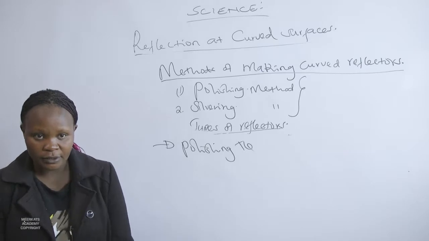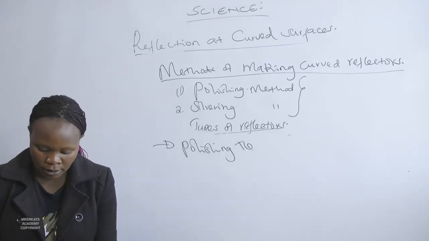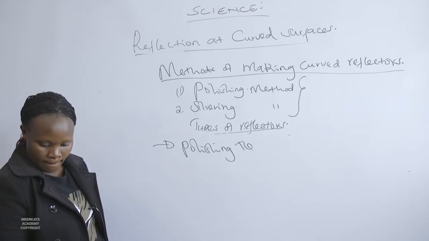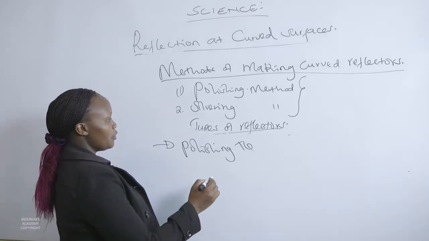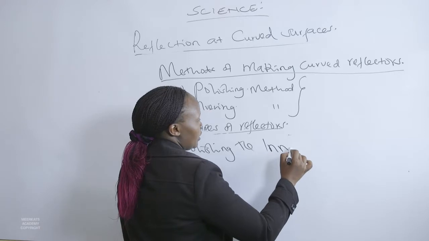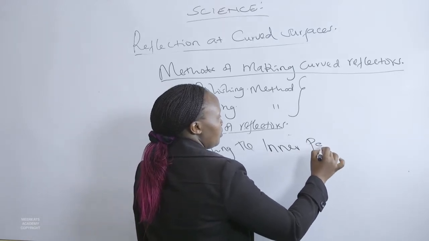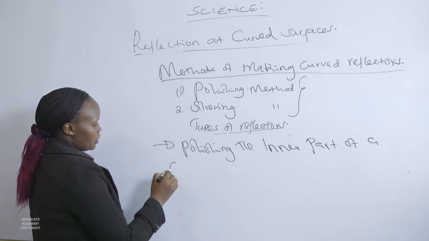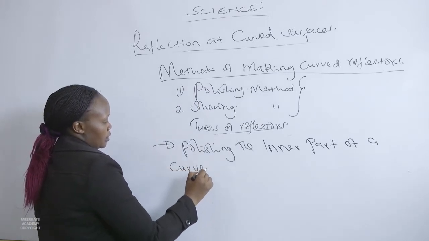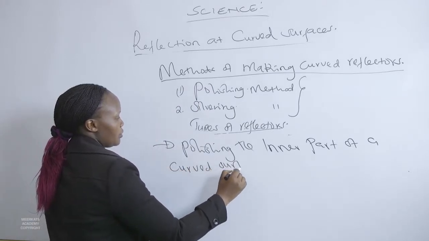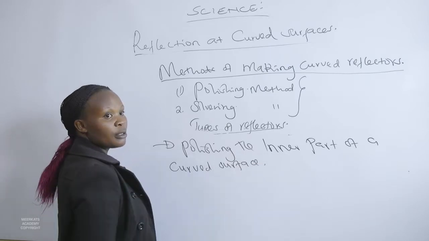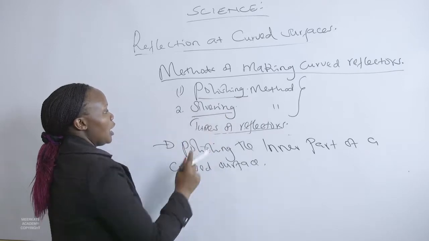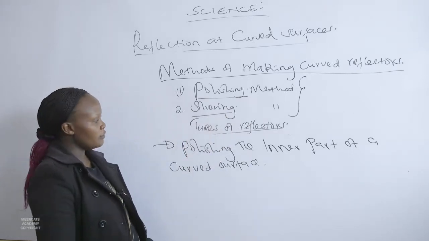A converging reflector is actually formed when we polish the inner part of a curved surface. Remember, we have two methods. We can have polishing and we can have silvering.